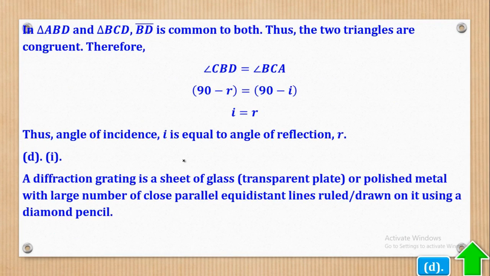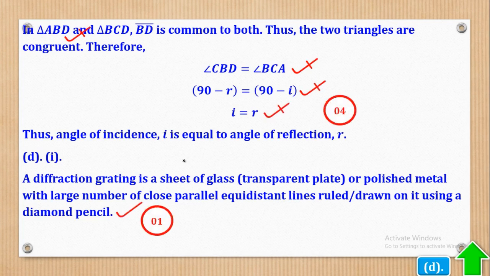So you can see that a diffraction grating is a sheet of glass or polished metal with a large number of close, parallel, equidistant lines ruled on it using a diamond pencil. So that's how marks on this slide would be awarded.